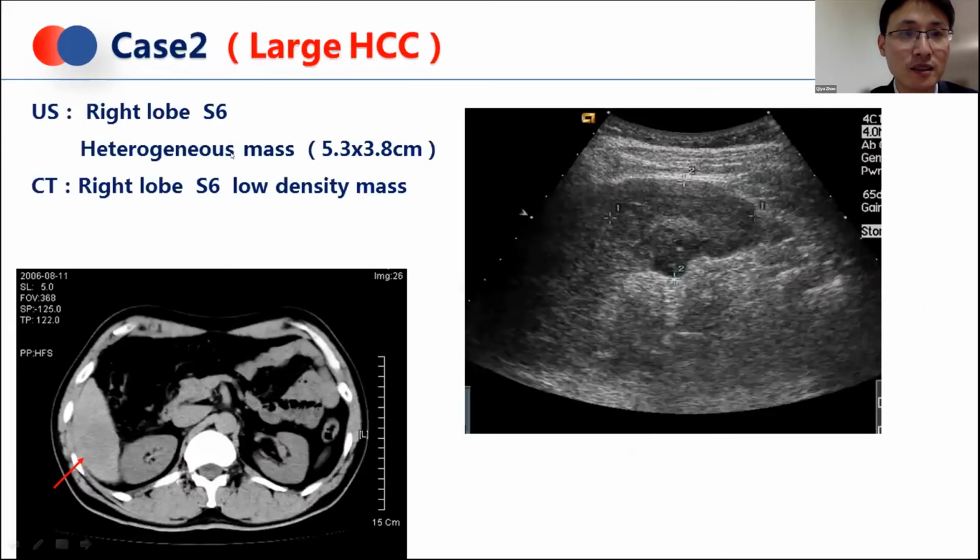And case 2 is a large HCC. We can see the mass located in the right lobe segment 6, and it is a heterogeneous mass on ultrasound, larger than 5 centimeters.